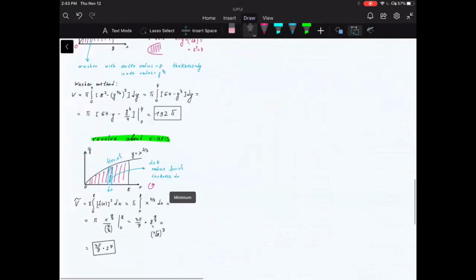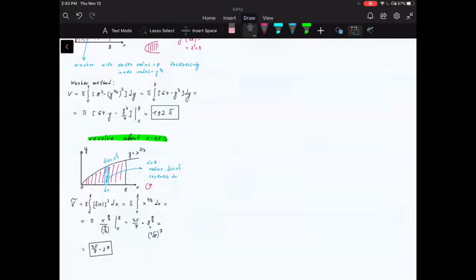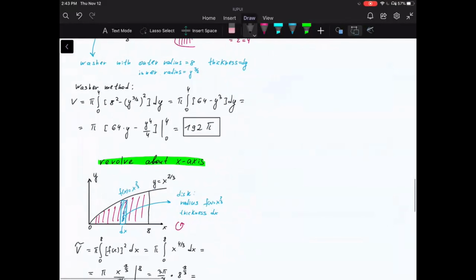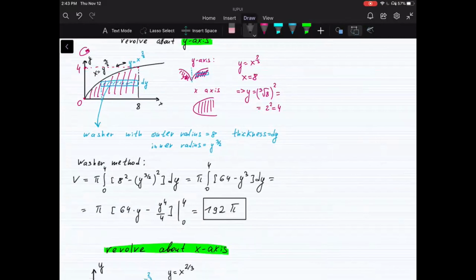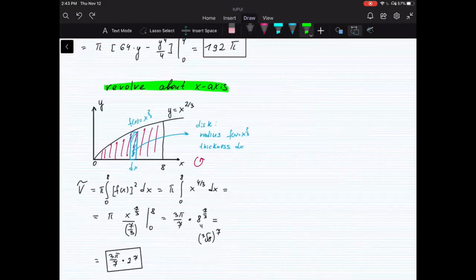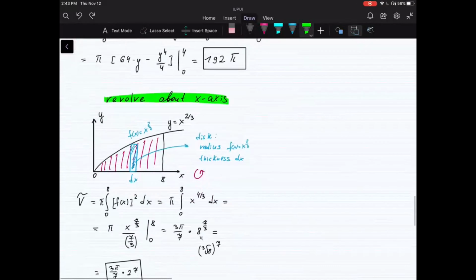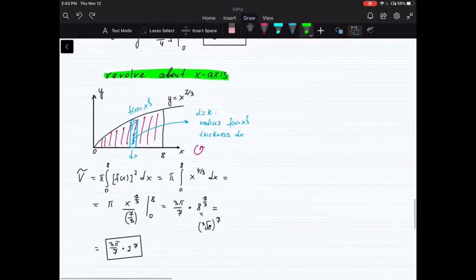So they are completely different. And also we can see that in the first case, I had to use the washer method because there was this gap from the y-axis. While here, when I rotated around the x-axis, there is no gap between the x-axis and my region. So I used just the disk method.